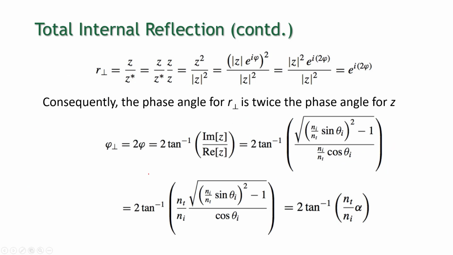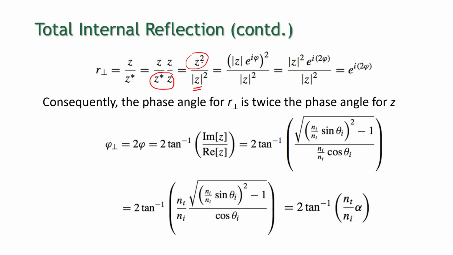So let's do that here. Multiply both sides by z and z, that gives us z squared on top. But z star times z is the magnitude squared. There is a difference between these two: z squared is just the square of the complex number, but z star z gives us the magnitude squared.